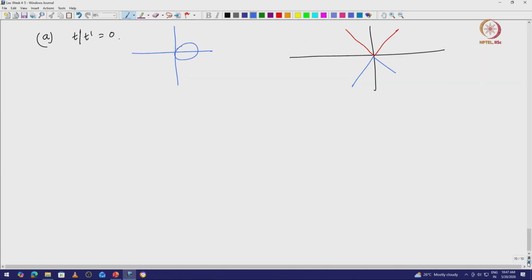So, let me draw it with a different color. And I am not drawing all the way to here. I mean here it will bend.